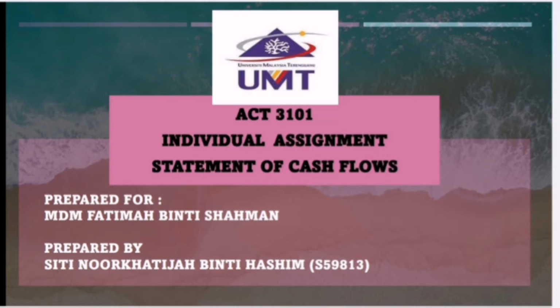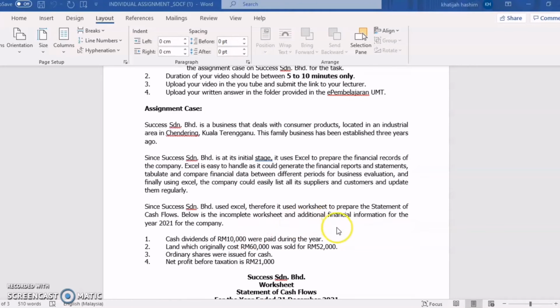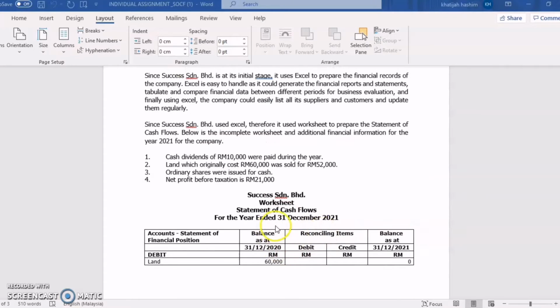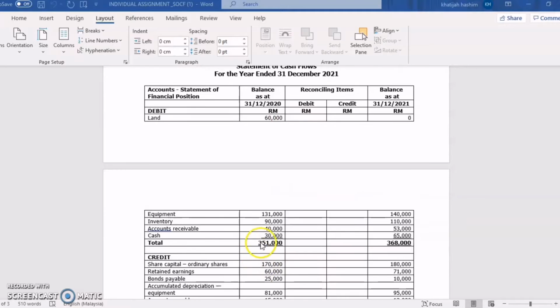My metric number is S59813. Today I would like to share with you my individual assignment, which is the statement of cash flow. Here is our question. We have the additional information that we need. Second, we need to fill in the worksheet for the statement of cash flow, which has a debit side and a credit side.